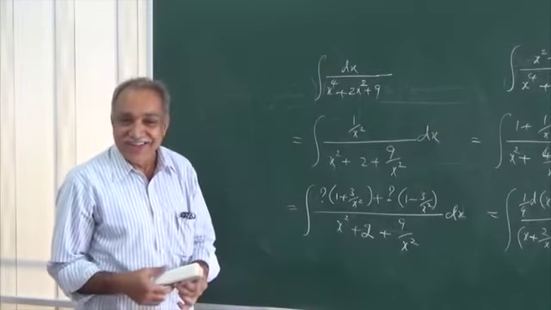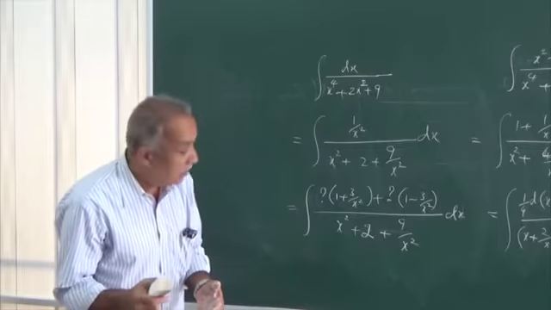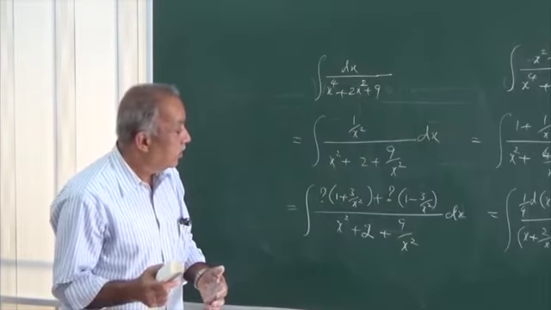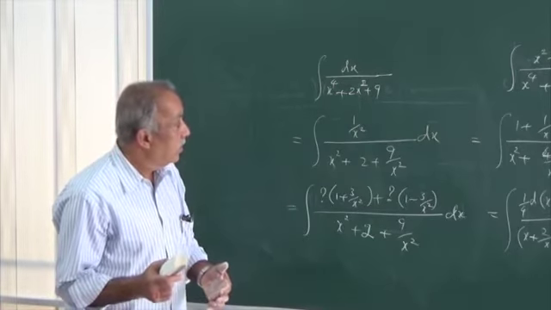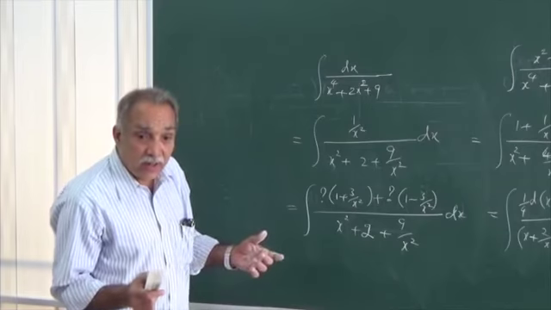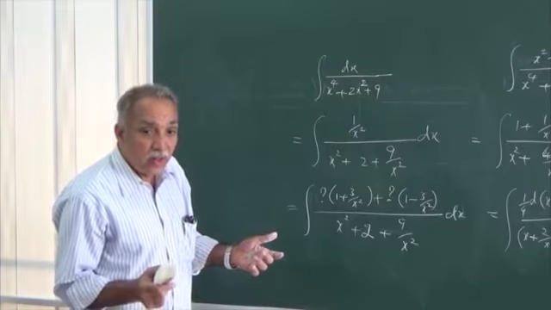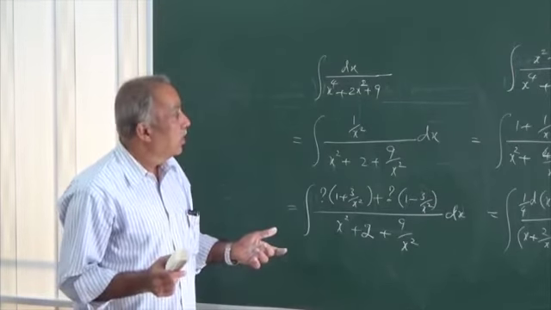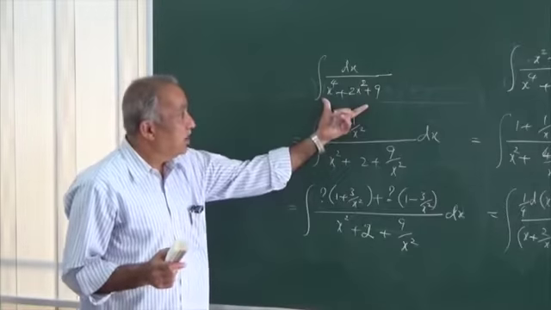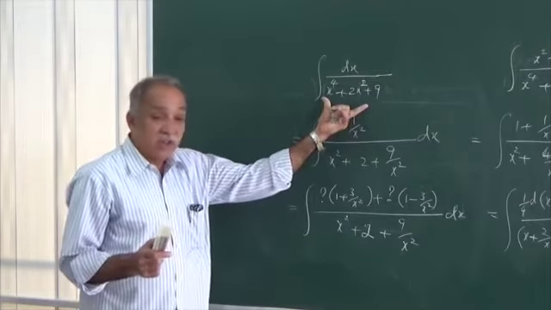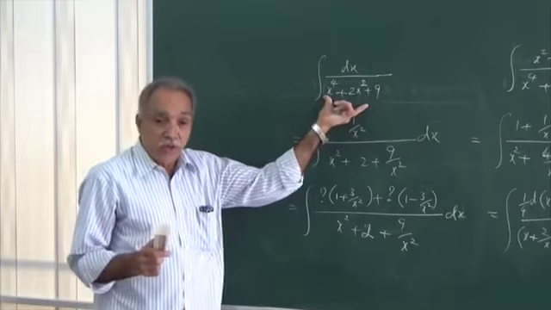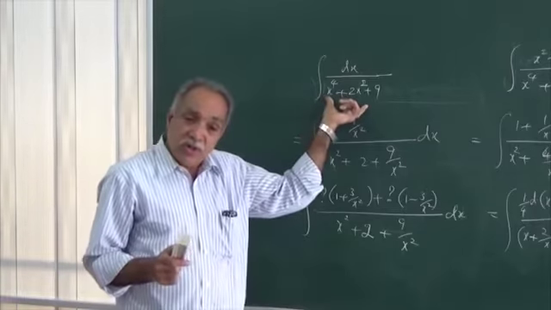This could be written as (x square plus 1) whole square plus (root 8) whole square. Right. 1 by (x square plus 1) whole square plus (root 8) whole square. Okay, this expression was expressible like that. What is the advantage?